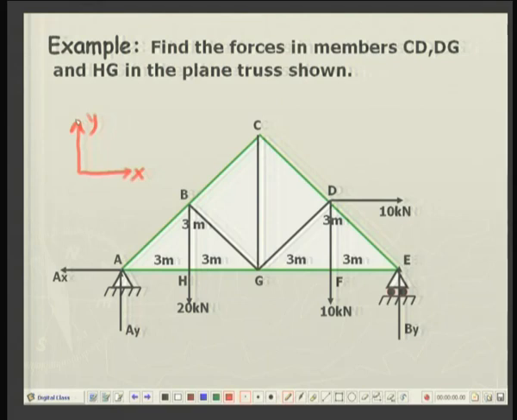You can easily see that the load in the horizontal direction is 10 kilonewton towards right. So, without doing much effort, I can say that the horizontal reaction at A will be towards left, and not only that, its magnitude will be equal to 10 kilonewton, and at E there is only vertical reaction.